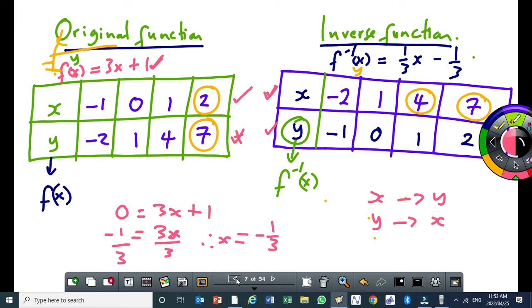And you get x equals minus a third. If your equation is y equals 3x plus 1, if you put y equal to 0 here, how do you solve for x?